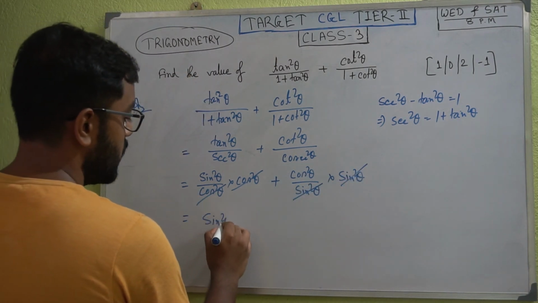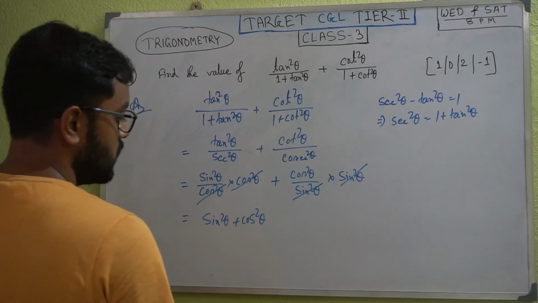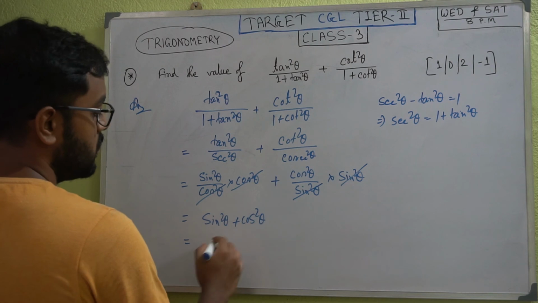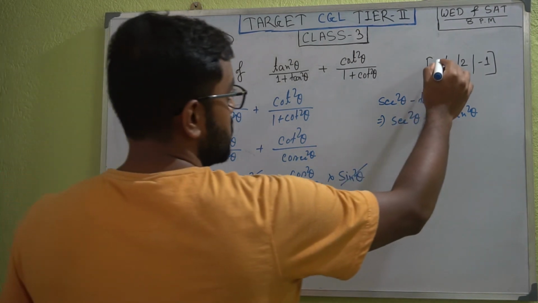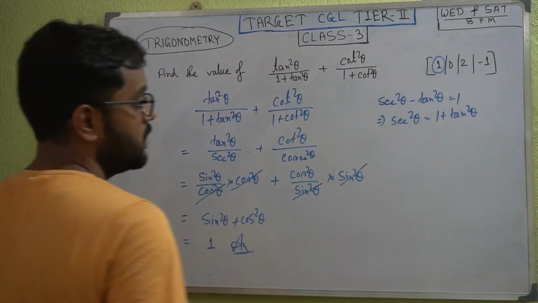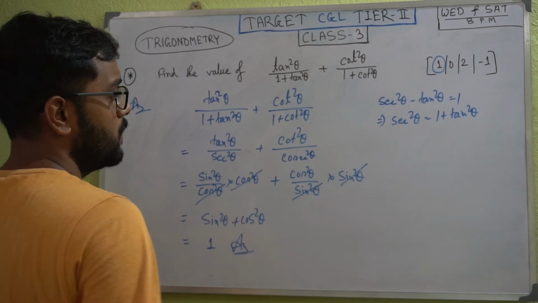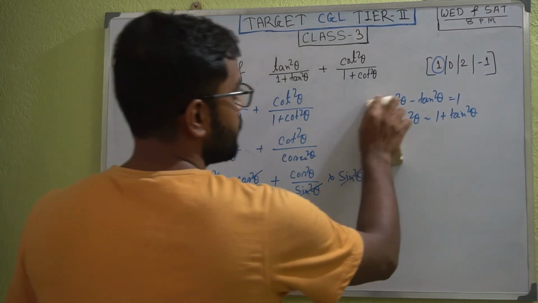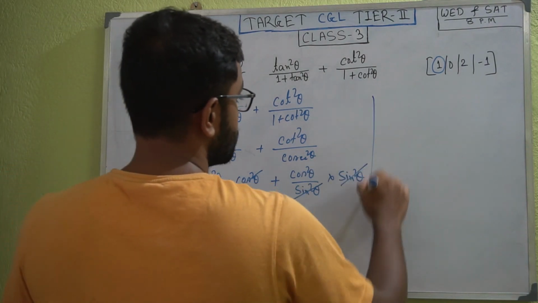Now here left sin square theta plus cos square theta. We know that sin square theta plus cos square theta equal to 1. So 1 is the answer. Clear? We can do the same problem in a different way. Okay, let's do that.